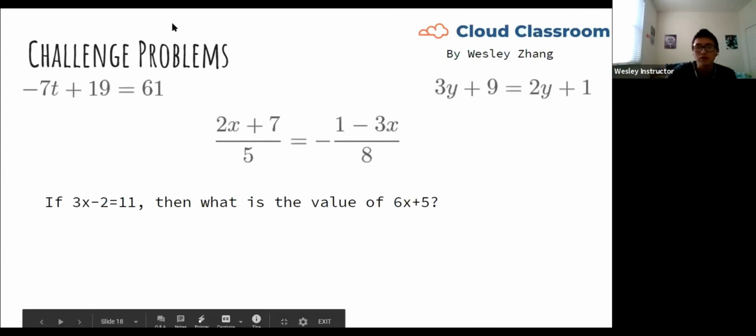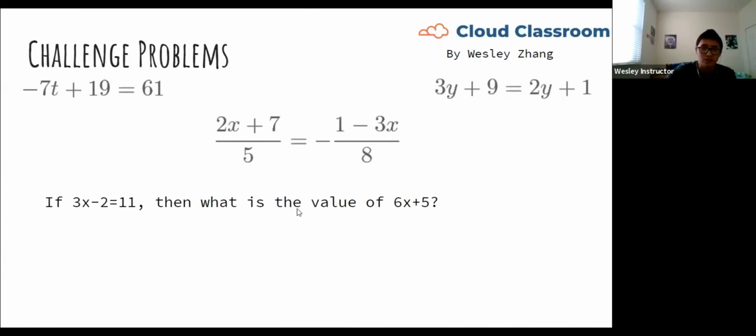All right, so here are 4 problems for you. Once again, type your answers into the chat. It's okay if you don't finish all of them, just type in whatever you have.